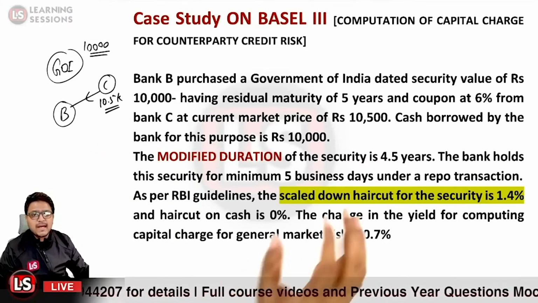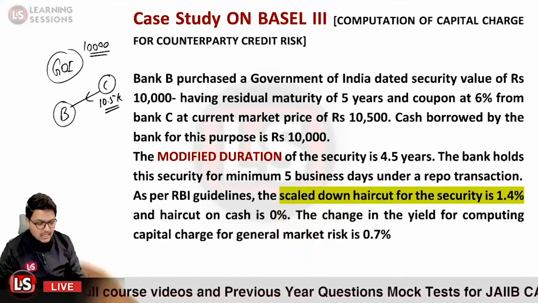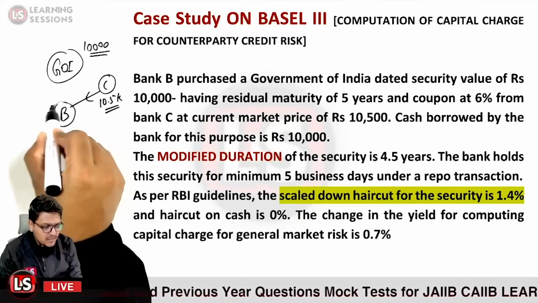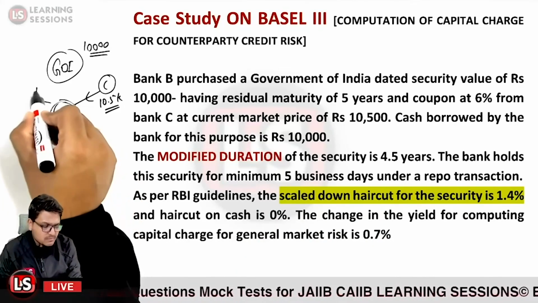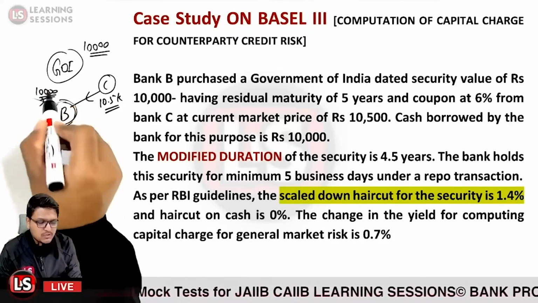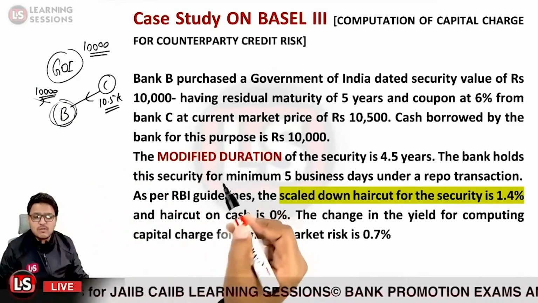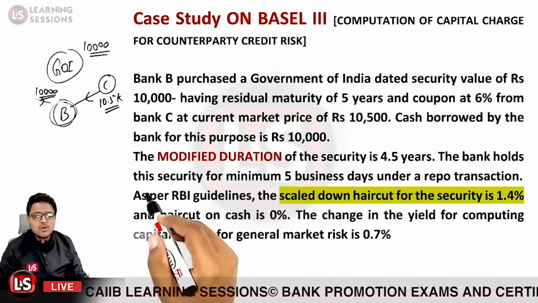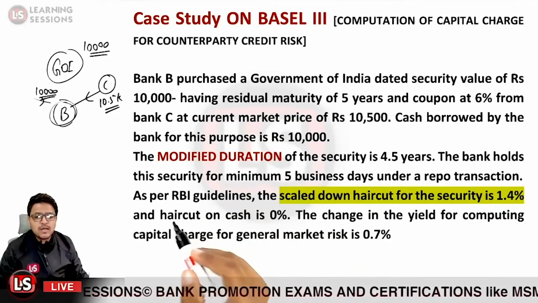Further, cash borrowed by the bank for this purpose is 10,000 rupees; Bank B has not paid the cash out of its own resources. The modified duration of the security is given as 4.5%. The bank holds the security for a minimum of 5 business days under a repo transaction.